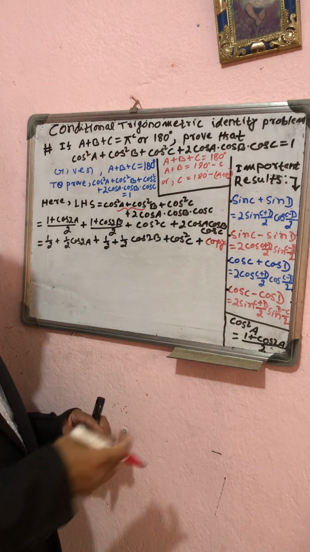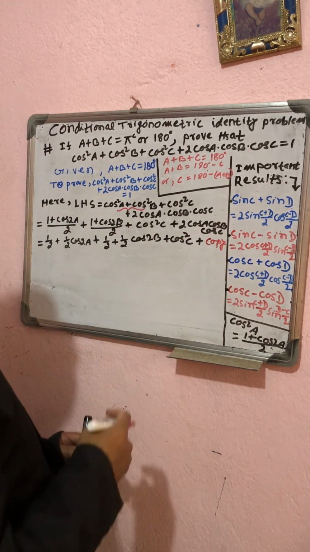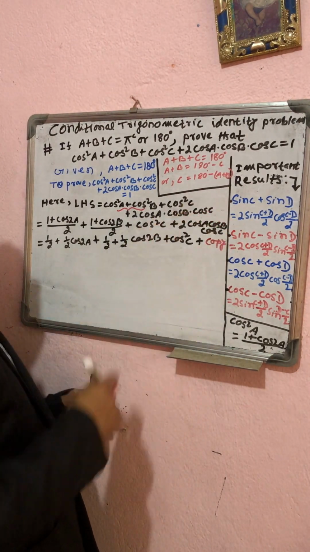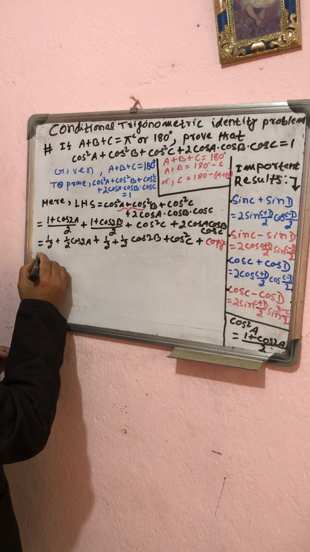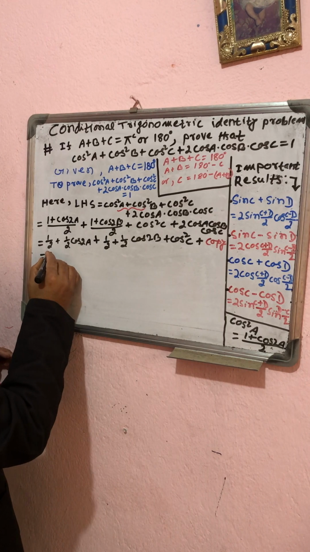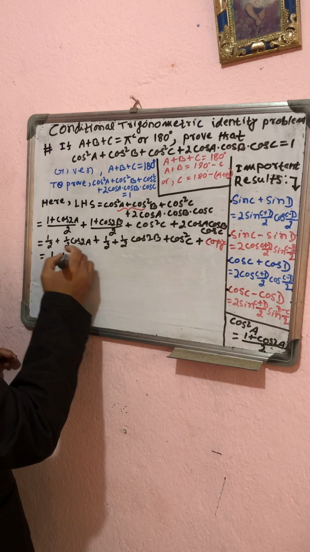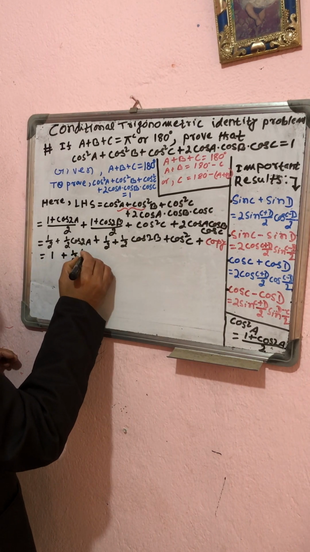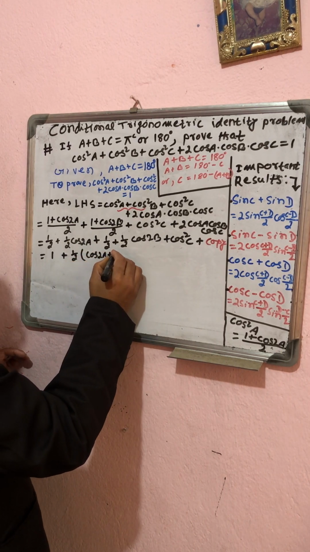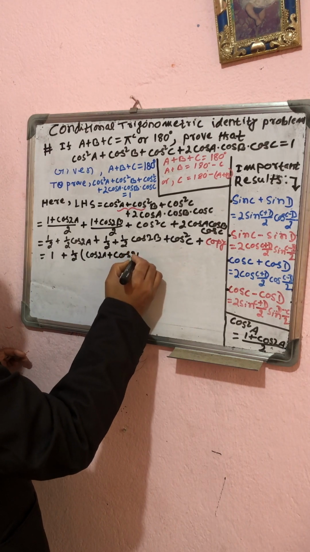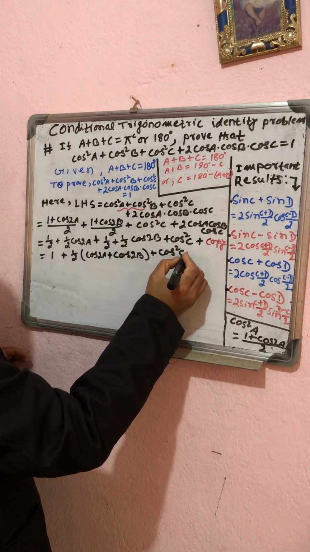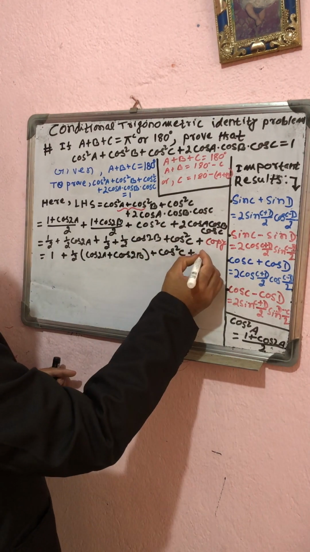In an exam you don't write copy like this as I did here, because I do not have space here, but you have to continue this term also. Here you can now see 1 by 2 plus 1 by 2 is actually 1, and then plus you can take half common, so you have cos 2a plus cos 2b over here, and then plus cos square c, and then keep copying the same.